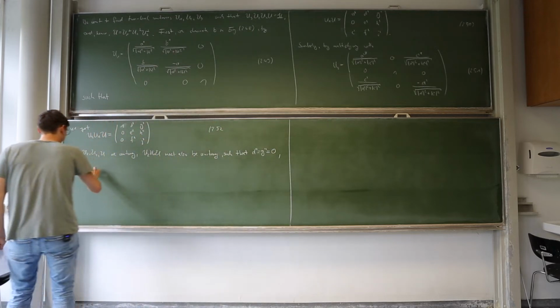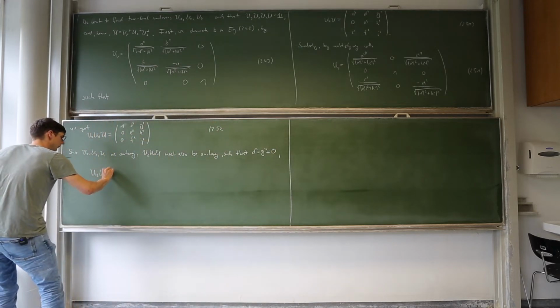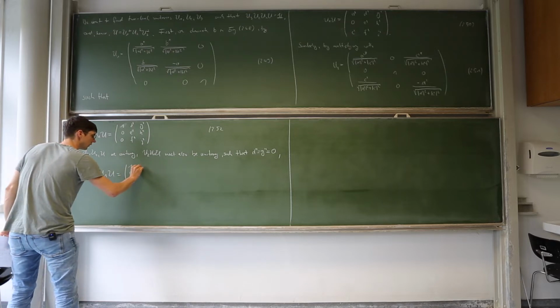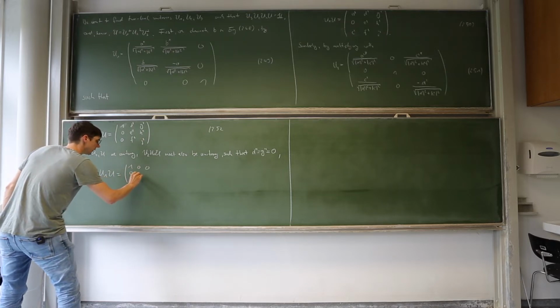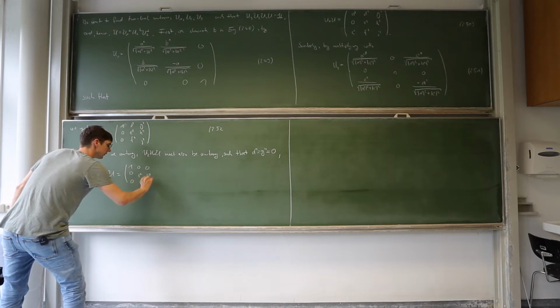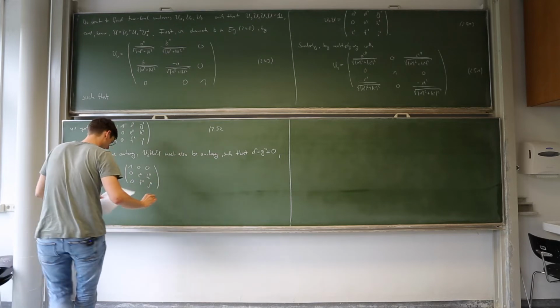So we have u2 u1 u equal to 1, 0, 0, 0, 0, and then we have e prime prime, f prime prime, h prime prime, j prime prime.